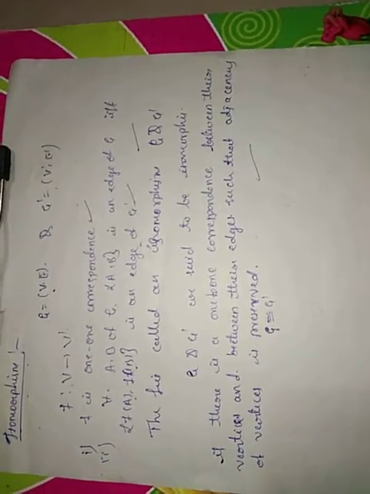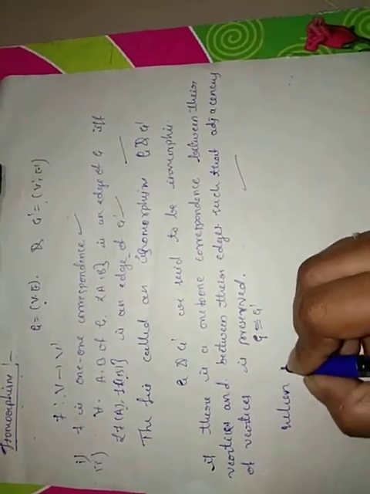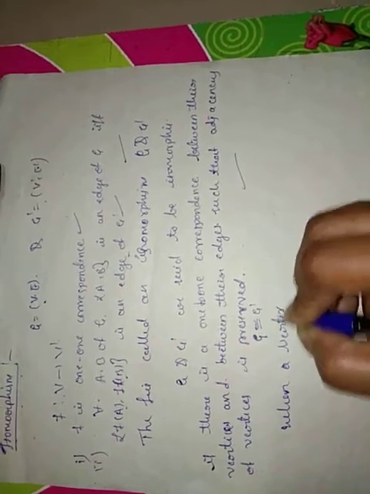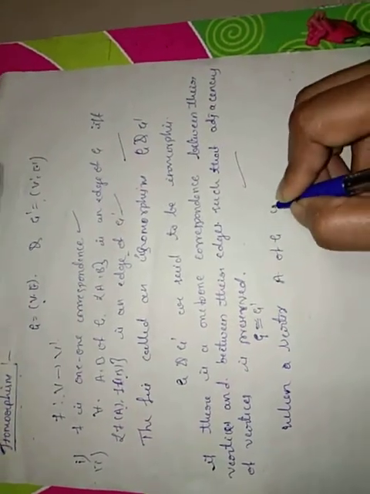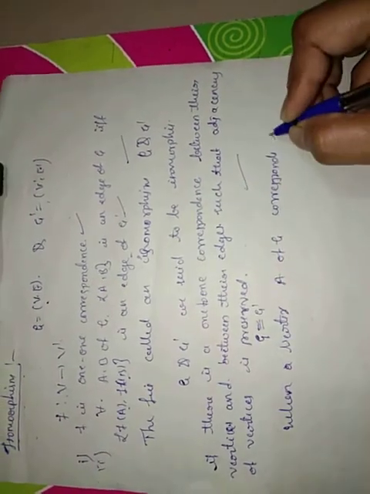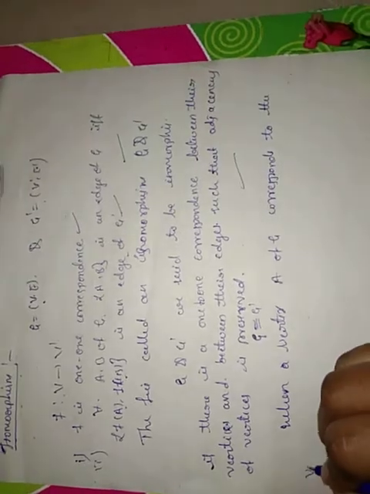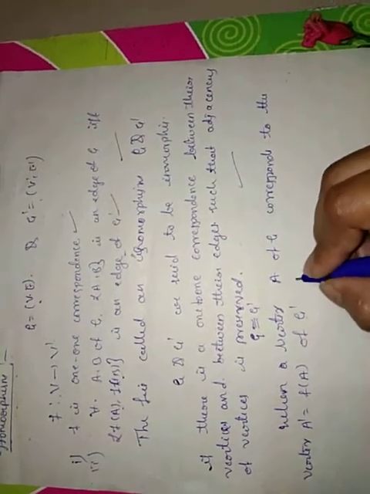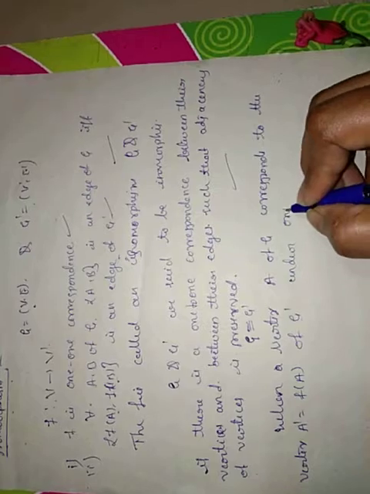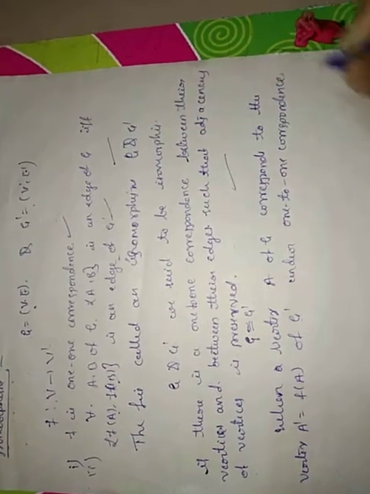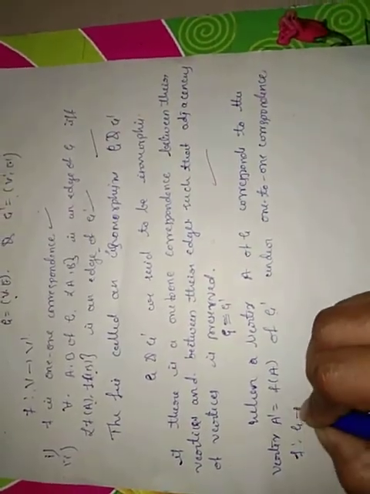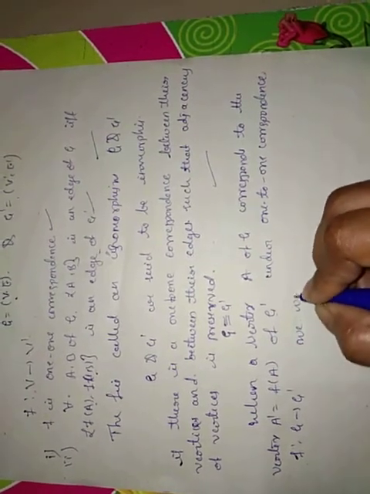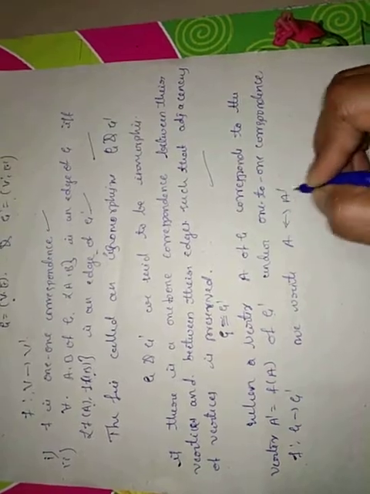And one more definition: when a vertex A of G corresponds to the vertex A dash equal to f of A of G dash under a 1-to-1 correspondence, where f is from graph G to G dash, we write A is equivalent to A dash.